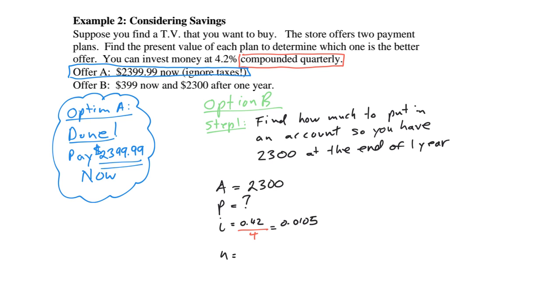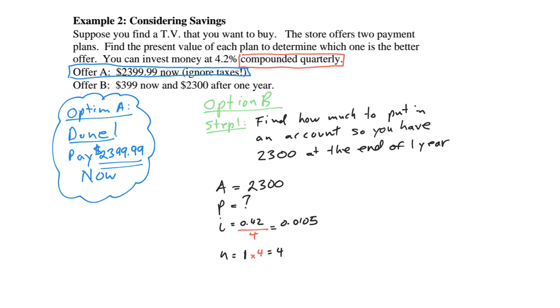Because it's supposed to be picked up in 1 year, N is 1 for the number of years, but then we have to times it by 4. So remember, if we divide our rate by a number, we must times our number by that number as well. So now we end up with 4.